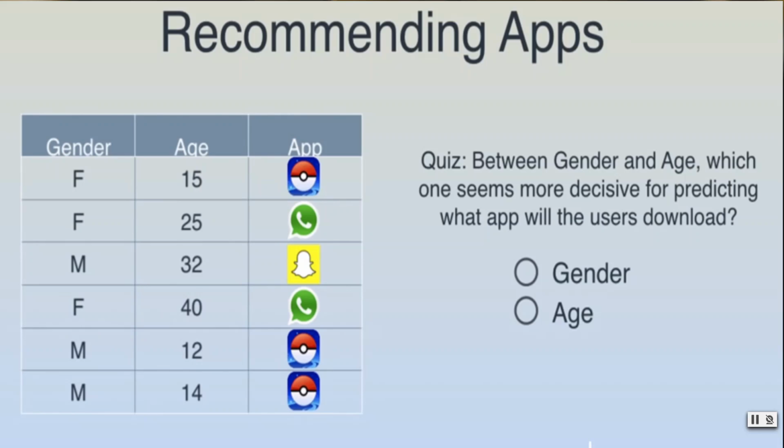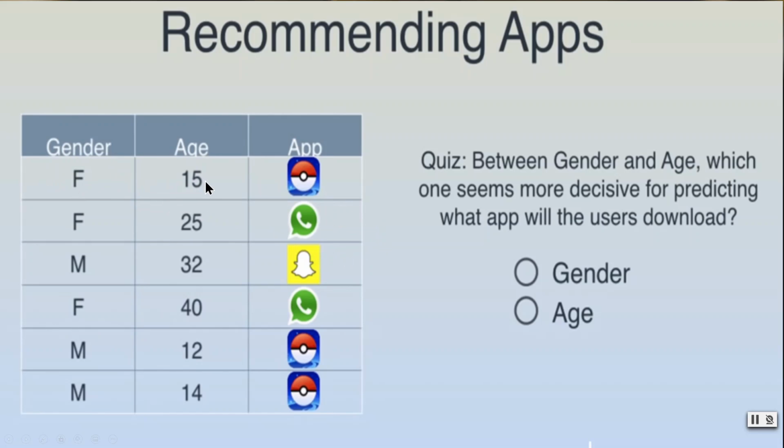Here is the data. The goal is to be able to predict what app a customer visiting the App Store would prefer. Is it Pokemon Go, WhatsApp, or Snapchat? In the past, the first row corresponds to the first customer who came into the store.